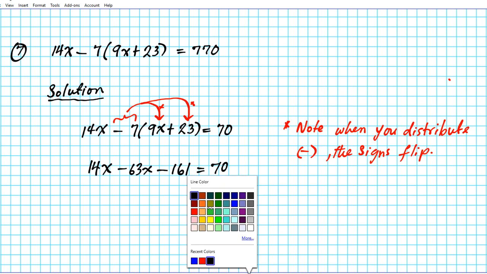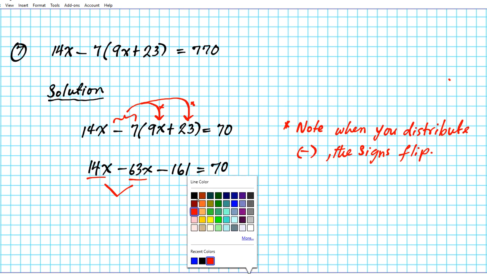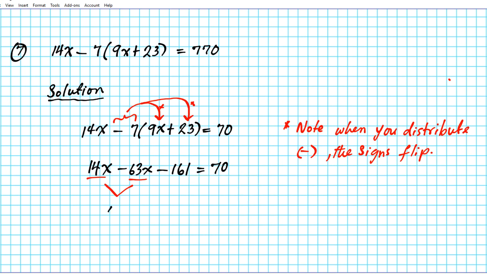Now, as we did in the previous step, we can combine like terms wherever possible. So 14x minus 63x. We subtract and keep the sign of the bigger, so we can just subtract these two. You get 49x. Since the bigger is negative, you have a negative there. Negative 49x minus 161 equals 70.